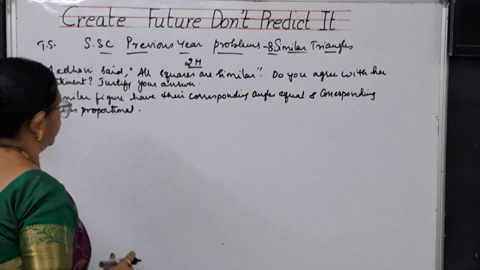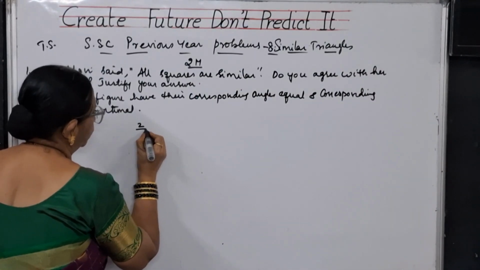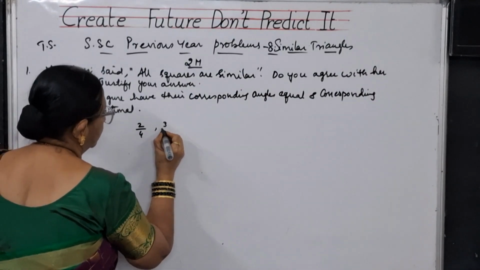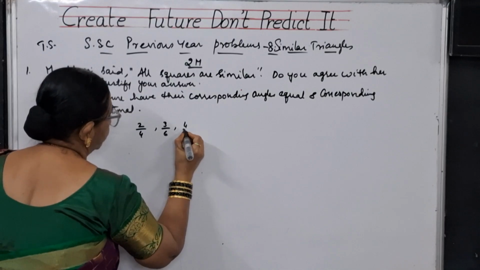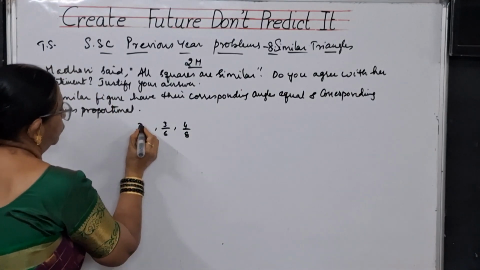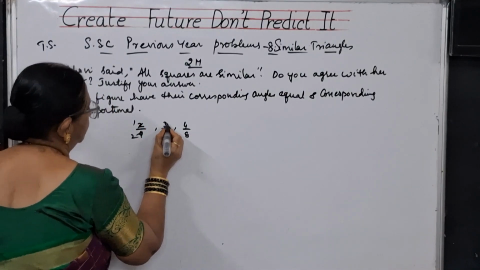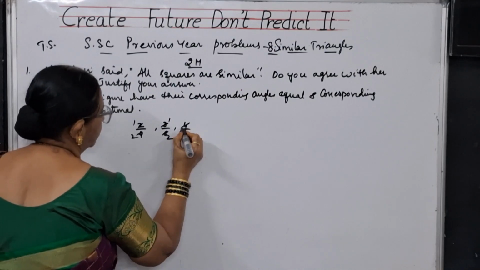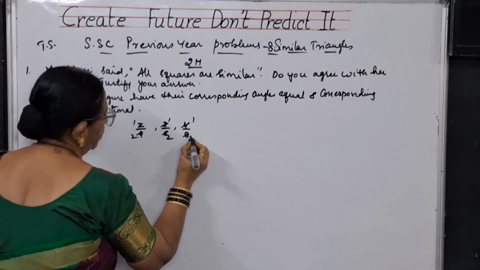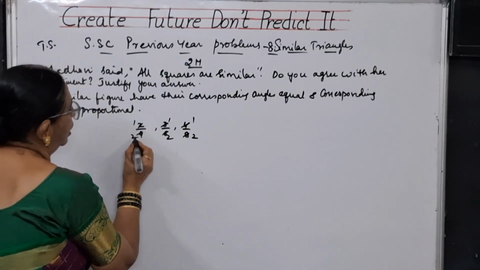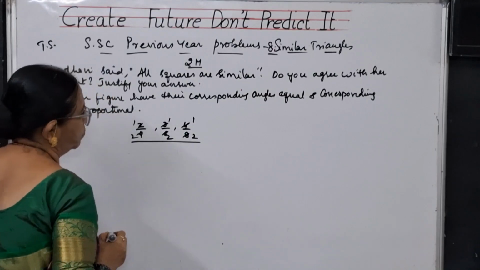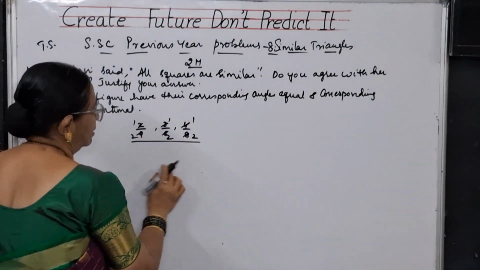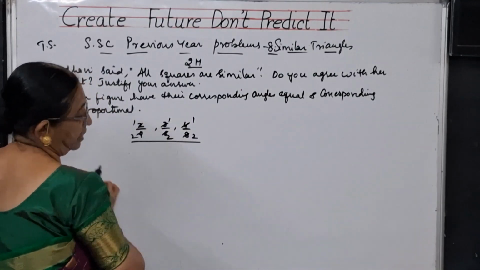Example I will tell you. Suppose you have got 2 by 4, 3 by 6, 4 by 8. 2 by 4 becomes 1 by 2, 3 by 6 becomes 1 by 2, 4 by 8 becomes 1 by 2. So all of them are ending with 1 by 2. So this is called proportionality.